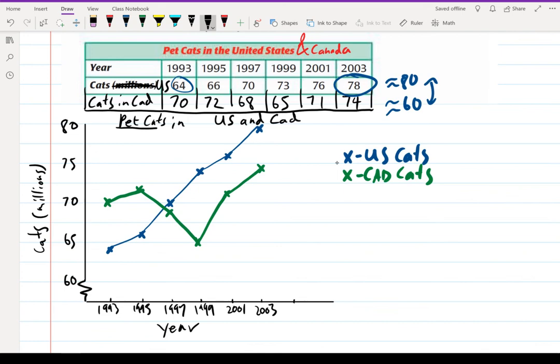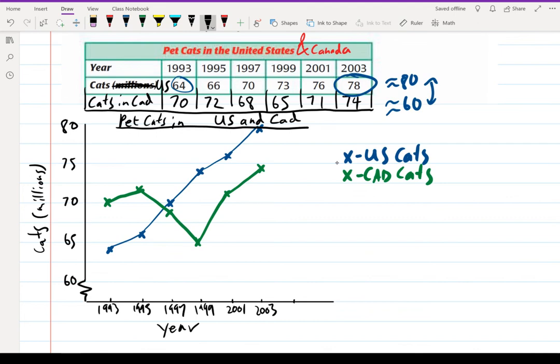And then underline your title. So this is a double line graph. Now make sure you do copy this down as well.